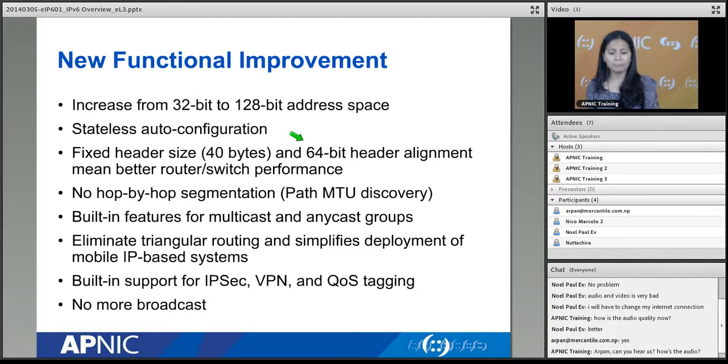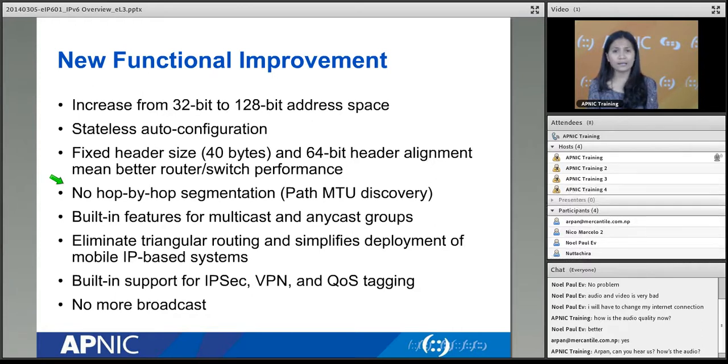Next, it has no hop-by-hop segmentation. Now this one is what we call path MTU discovery. MTU is the maximum transmission unit, right? For each link, there is an MTU size, so usually it's 1500. Now with IPv6, there is no hop-by-hop segmentation.